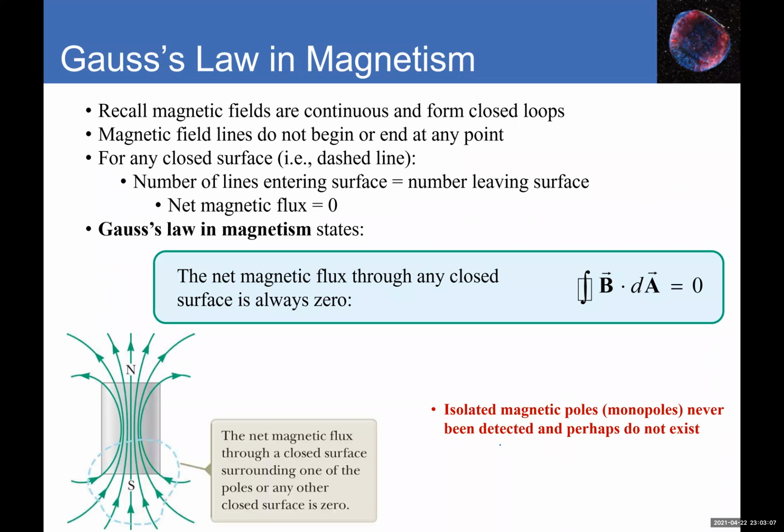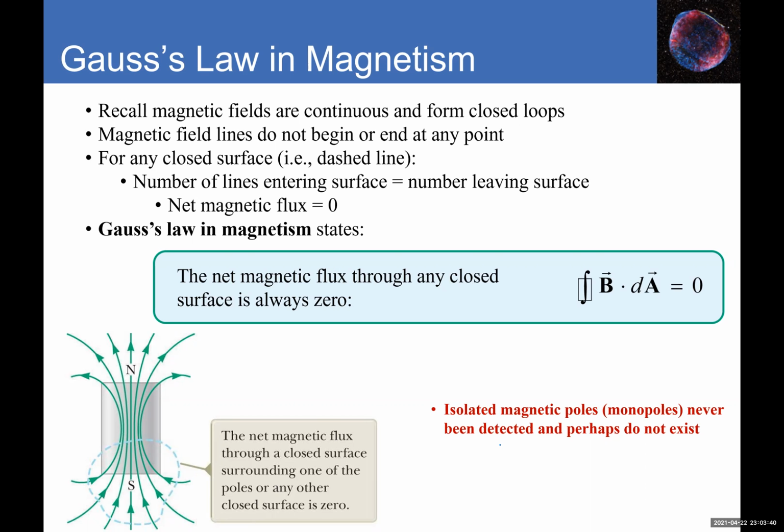All right, so continuing with Gauss's law in magnetism. If you're considering a magnetic field due to some kind of source, which is either a bar magnet, a straight wire, or a current loop, remember we always talked about how the magnetic field is continuous, which is different from the electric field.